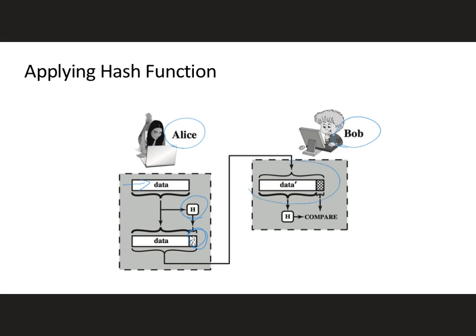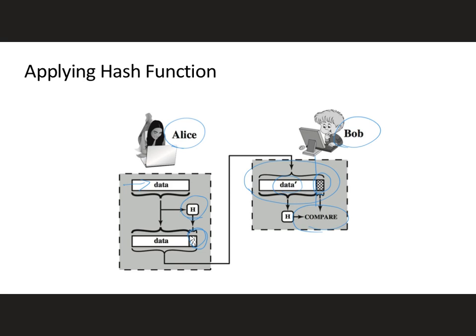After Bob receives it, he can separate the data and the hash value. Because the hash function is available to everyone, it can be used by Alice, and it can also be used by Bob. So Bob can compute the hash value of the data he received and compare. If the hash value he computed and the hash value provided by Alice are the same, we can say that the data has not been tampered with.